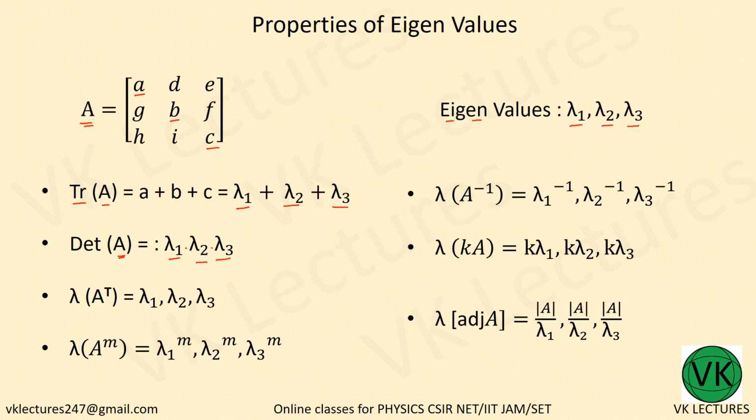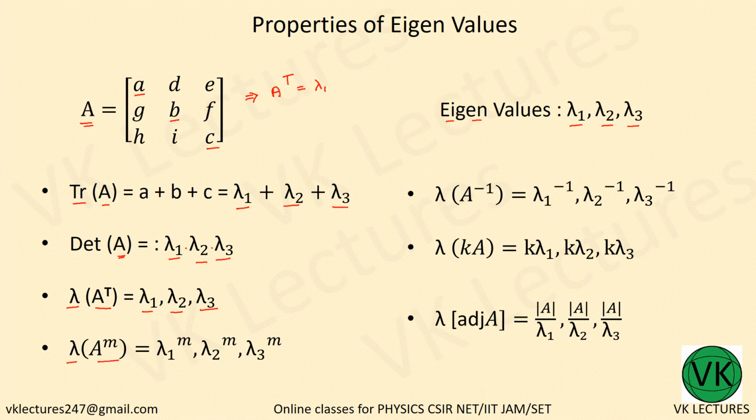Now the eigenvalues of A transpose: if you find them by the transformation A transpose, the eigenvalues will not change. They will remain lambda 1, lambda 2 and lambda 3. Now the eigenvalue of A power m.